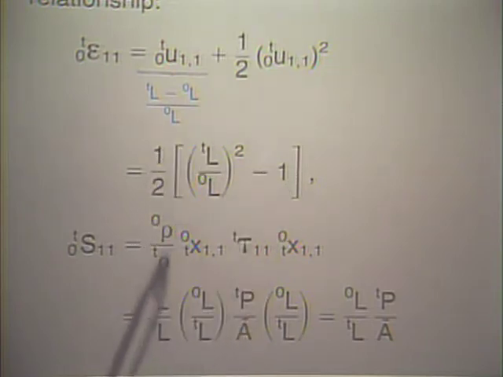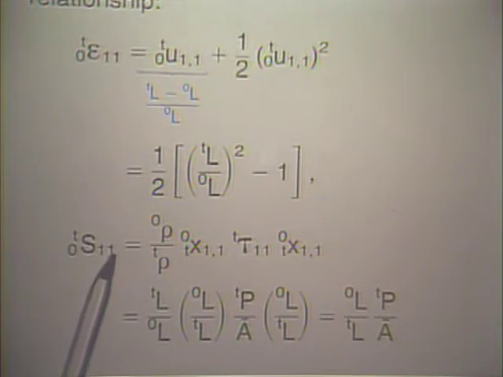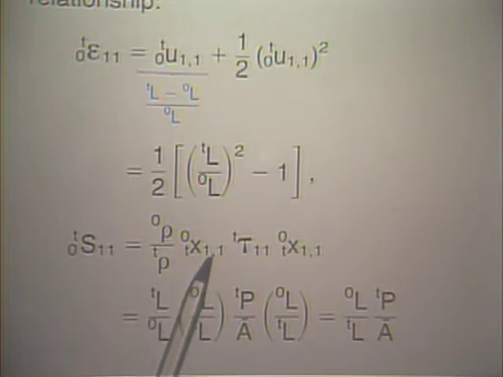We also remember that we have a very clear relationship between the Cauchy stress, which is the force per unit area, which we're interested in calculating here, and the second Piola-Kirchhoff stress. This is the inverse of the deformation gradient.